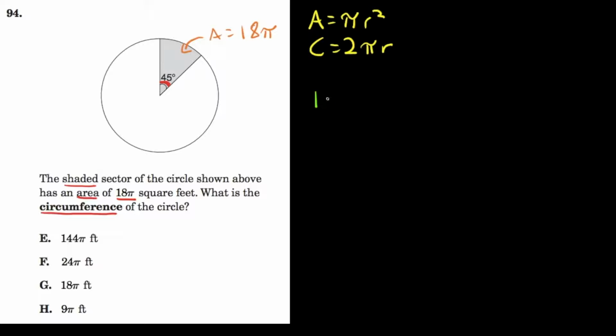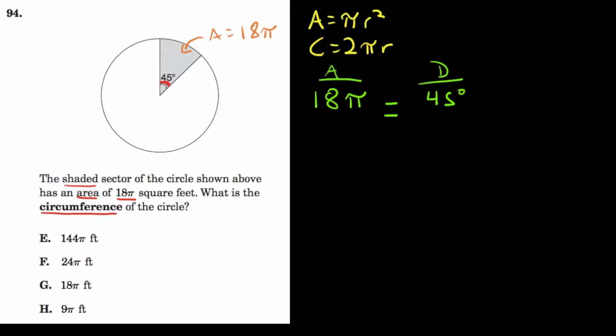Setting up our ratio. 18 pi is the area of that section. Let's put area on the left and degrees on the right. 18 pi is the area and 45 is the degree measure.